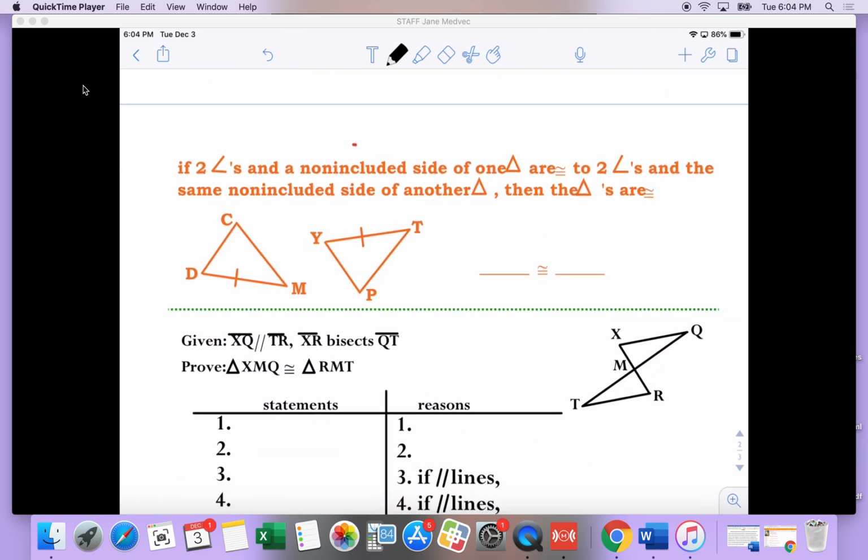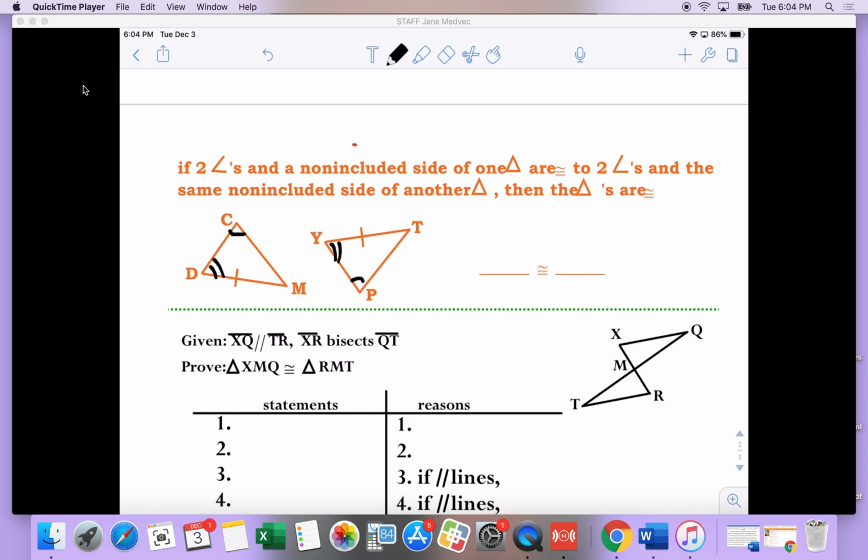It says if two angles and a non-included side of one triangle are congruent to two angles and the same non-included side of another triangle, then the triangles are congruent. So an example would be, I've got an angle, and I'm going to do the angle here, and then I'm going to do another angle, and I'm going to do the other angle here.